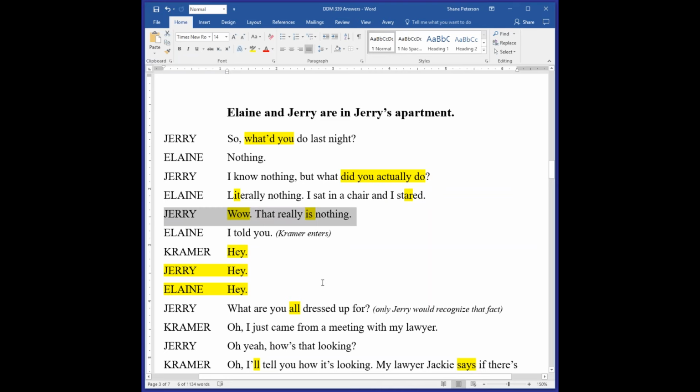Wow. That really is nothing. No, no, no. Intonation. That really is nothing. There you go. Now, Kramer, Jerry, Elaine. The word is hey. What does it mean?